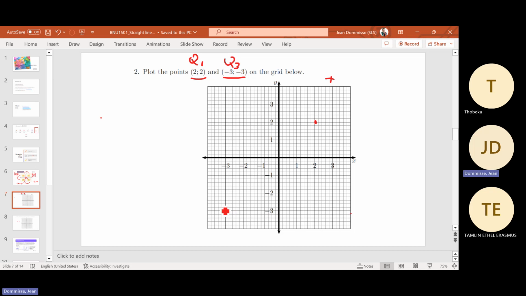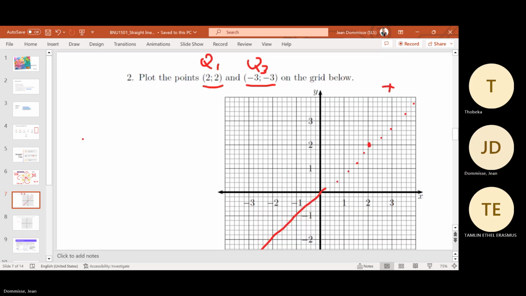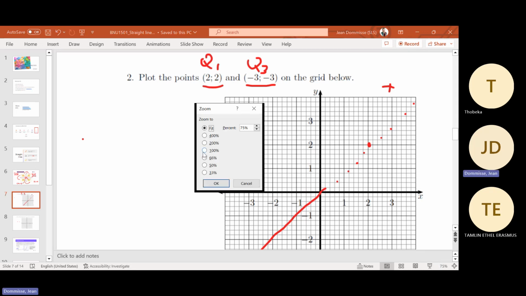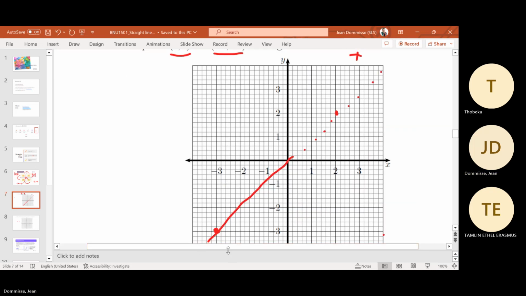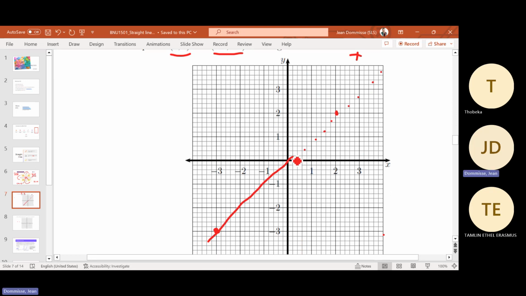Okay, so what is very interesting here is that when you're going to draw a straight line through this to get to the 2 points, it is actually going to go through 0.